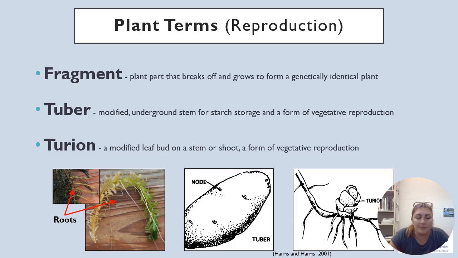Turions are a modified leaf bud that form on the stem or on the shoot of the plant, and then they will fall to the sediment and sprout a new plant the next season. So these are sort of hardened leaf buds, and they can survive in the sediment for years before sprouting.